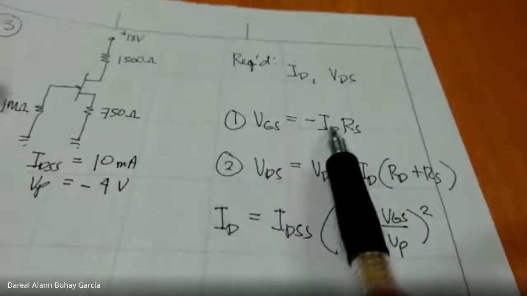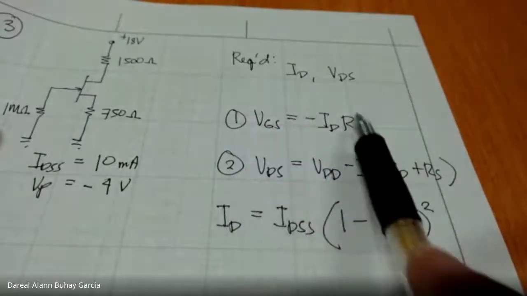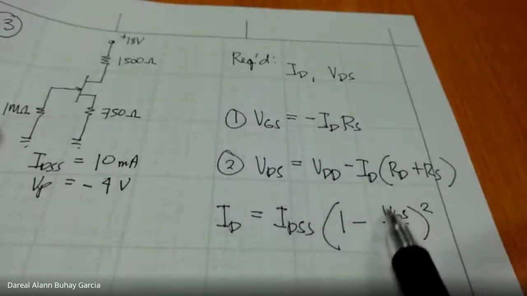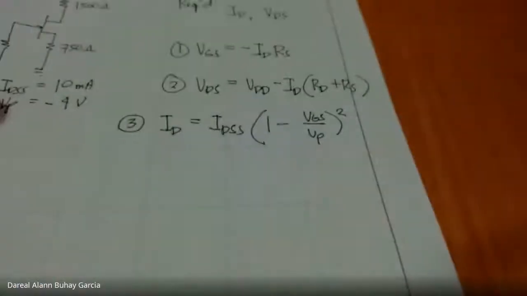Next, substitute it into VGS here. Let's say this is equation 3, the Shockley equation. We substitute equation 1 into equation 3.